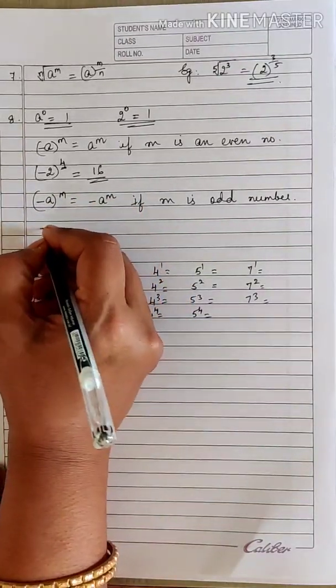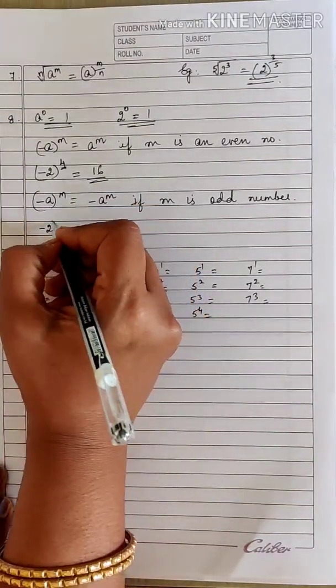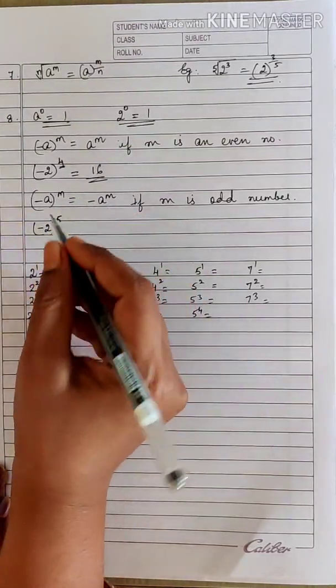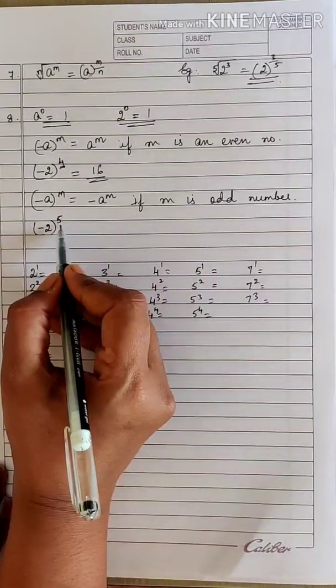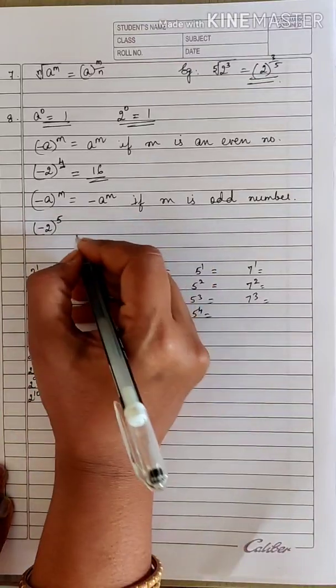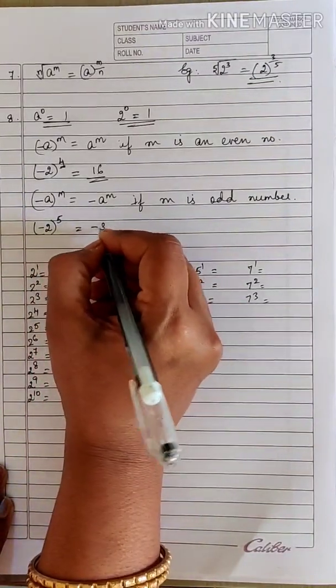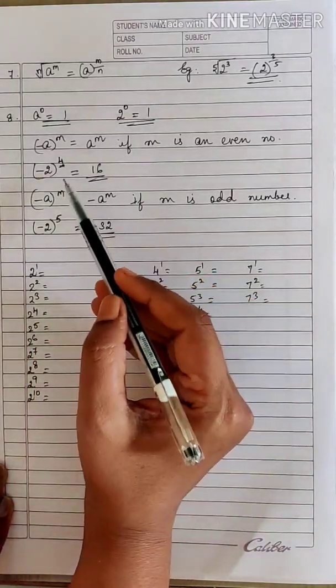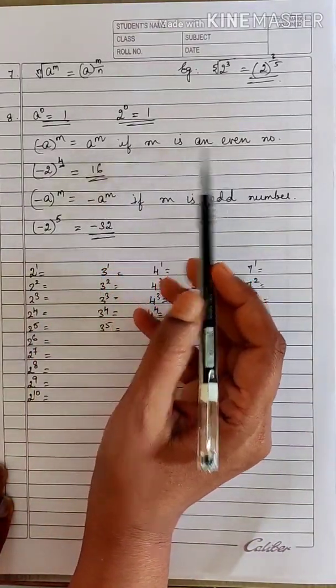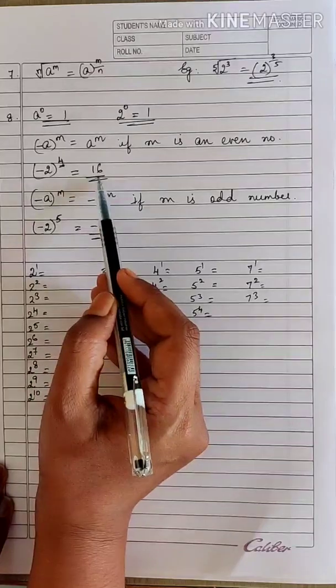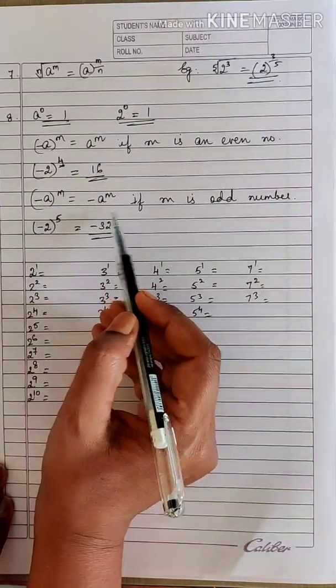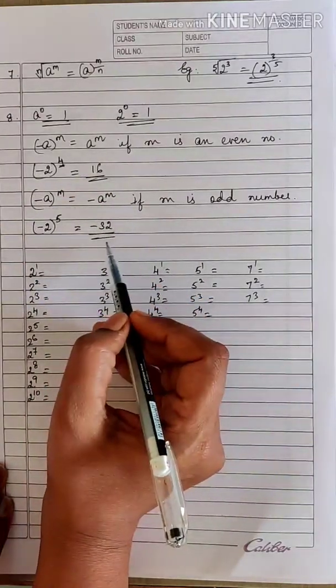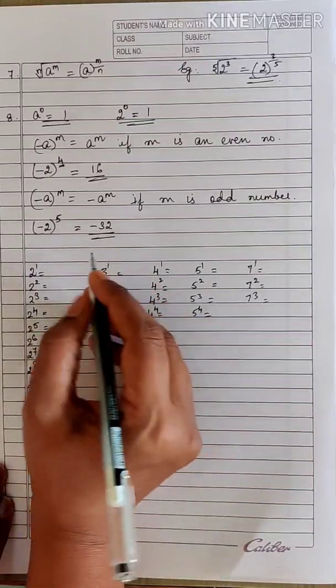In this case, if I take minus 2 to the power of 5, if you observe the power is an odd number, so the answer will be negative. It will become minus 32. So whenever the power is even, it will give you a positive answer, and whenever the power is odd, it gives you a negative answer.